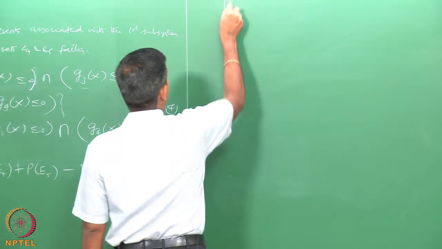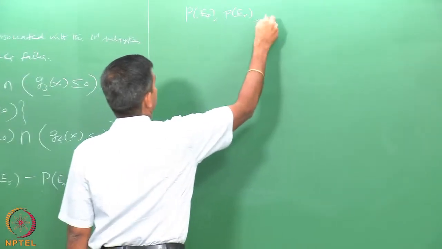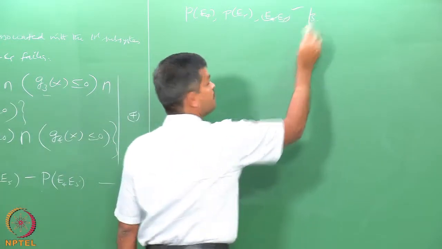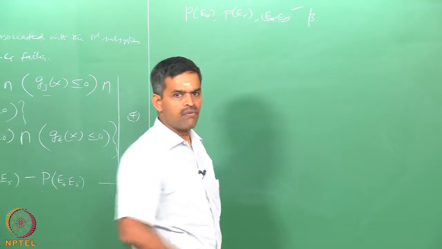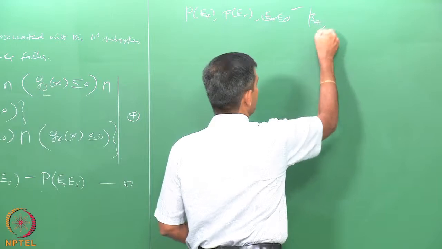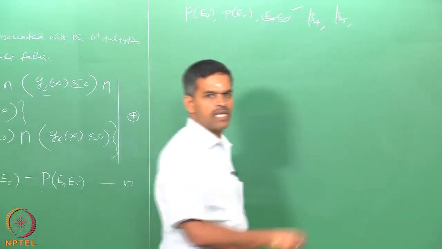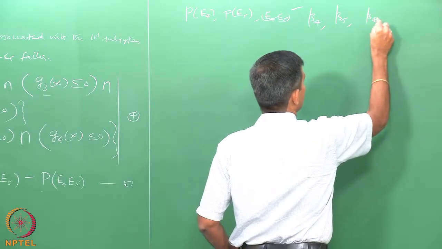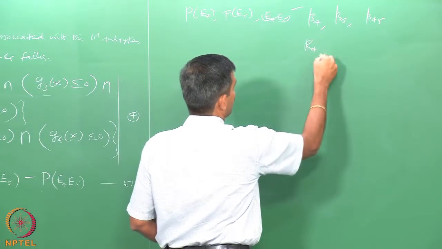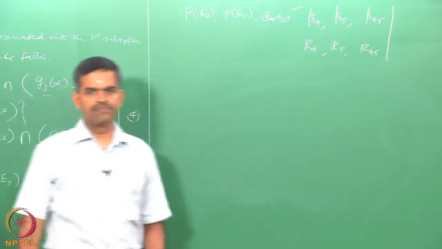Now, interestingly, we know probability of E4 from the last lecture, probability of E5, E4 E5, we expressed all of them. We also know beta 4, beta 5, we already expressed the equation for beta 4 5, we also know the equation for R 5 and R 4 5, which we have given in the last lecture, is it not?